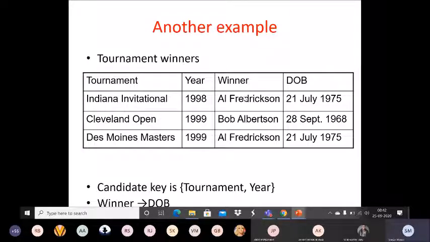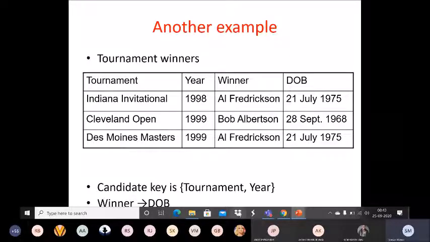But think of an example where only year determines the winner. Still it is in 3NF, because year is part of the candidate key. It would be in BCNF if and only if tournament and year together determine each and everything.